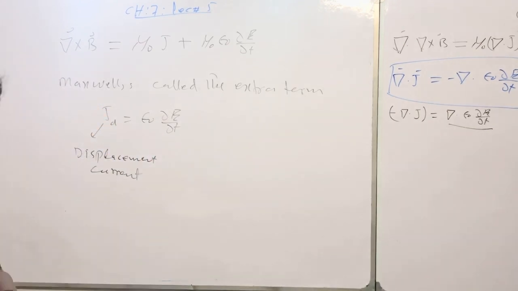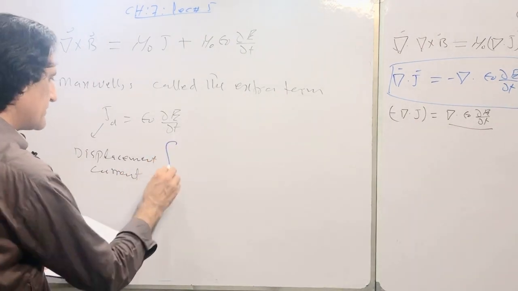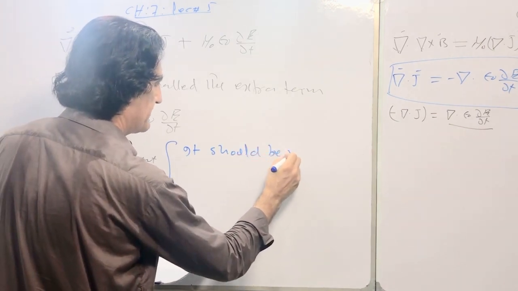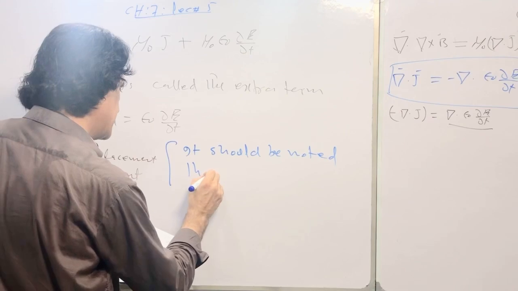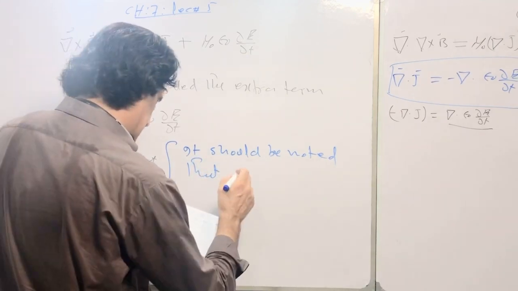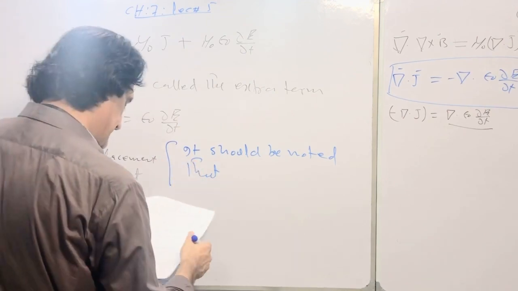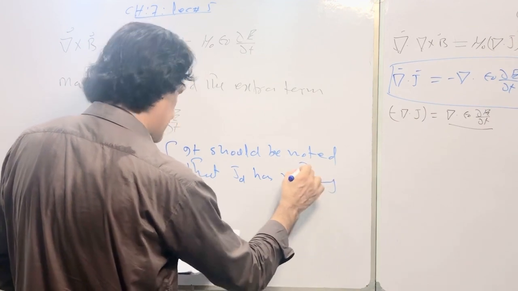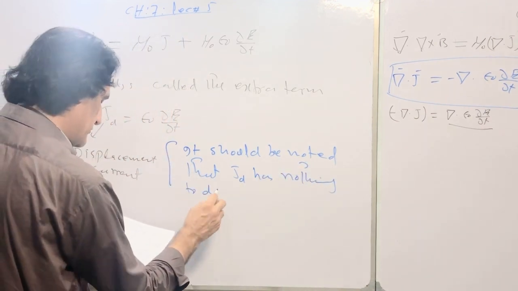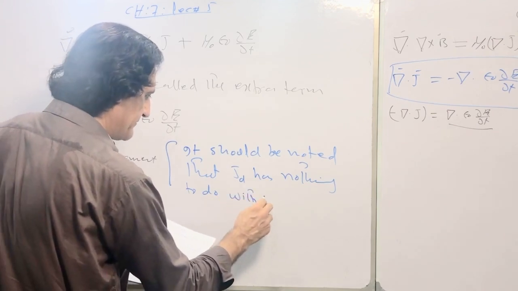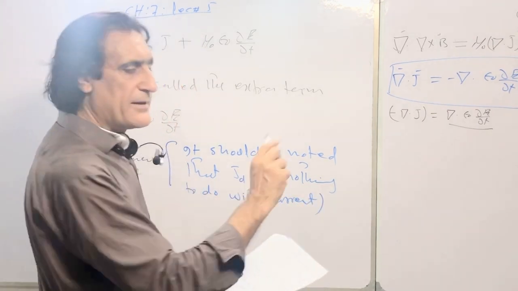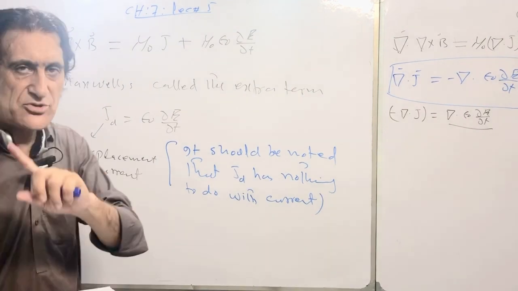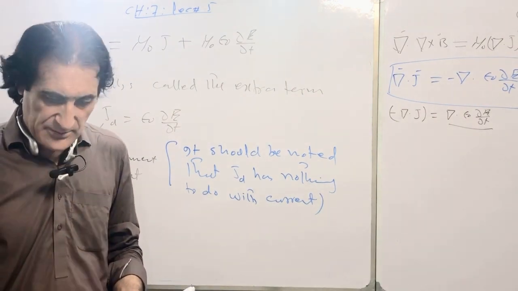But it should be noted, I emphasize, that JD has nothing to do with current. It is not a current, but they just call it a displacement current. But actually, this is not a current. It should be noted this point.